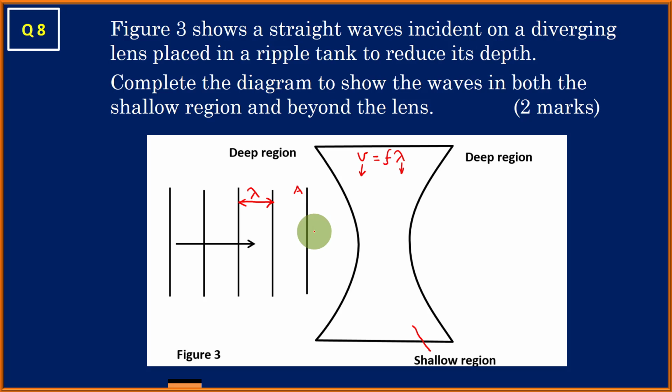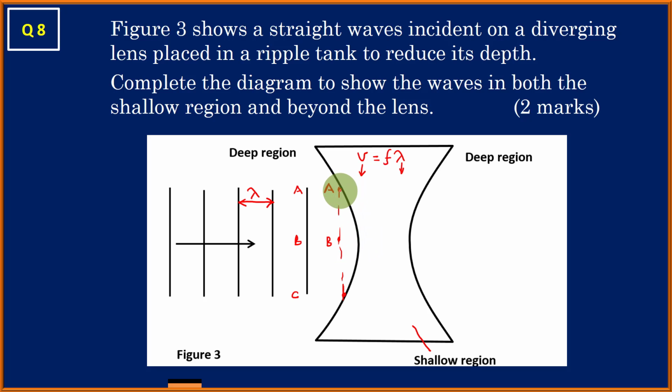Let's call it A. This middle section we call it B, and this one we call it C. You're going to proceed with it until it makes contact with this boundary here. So A and part C hit the boundary simultaneously. B is still on its way to the boundary between deep and shallow.